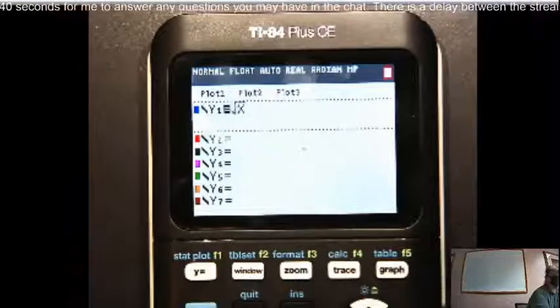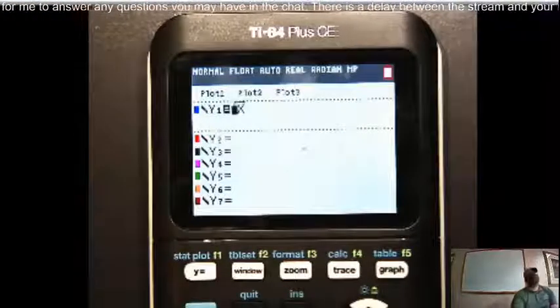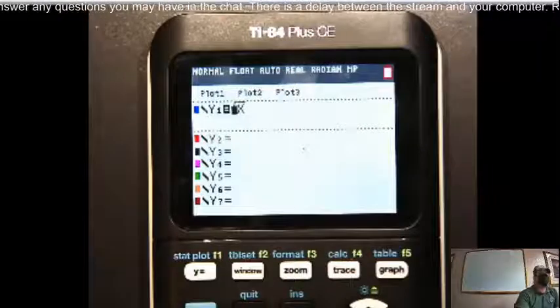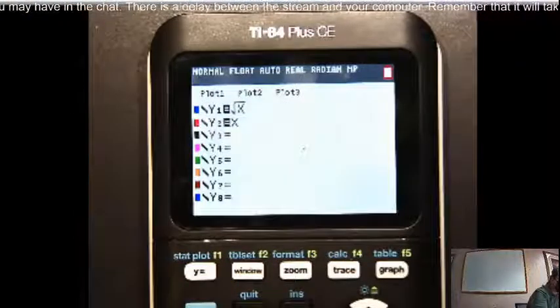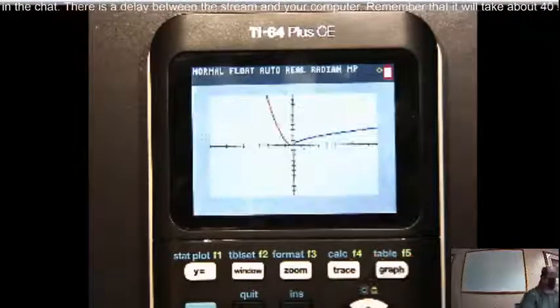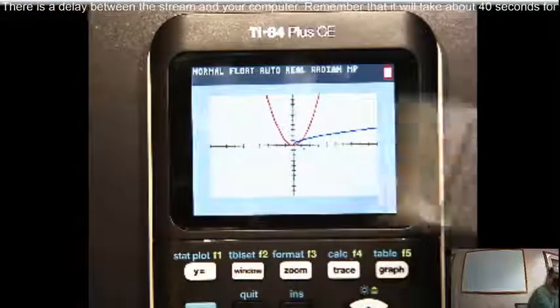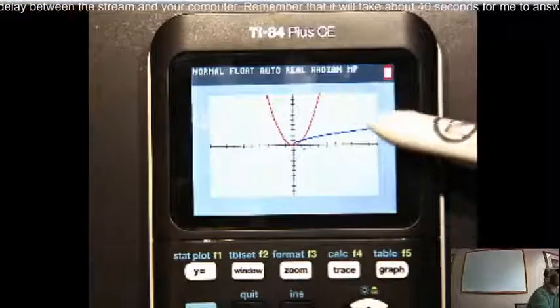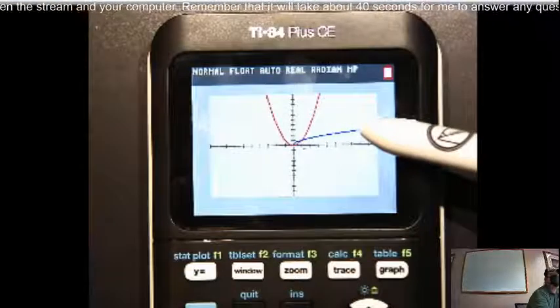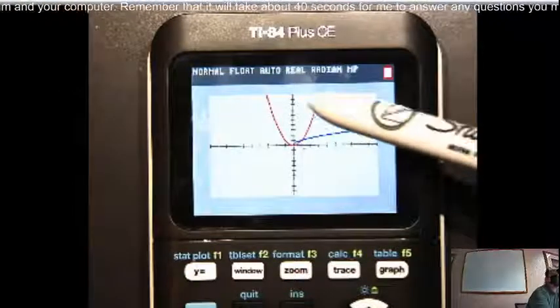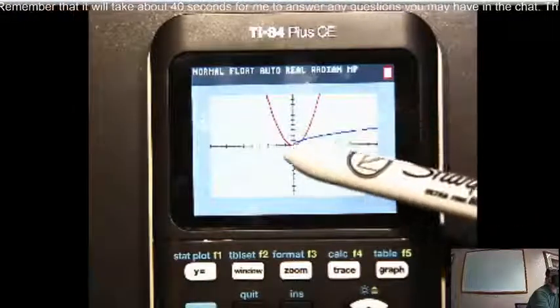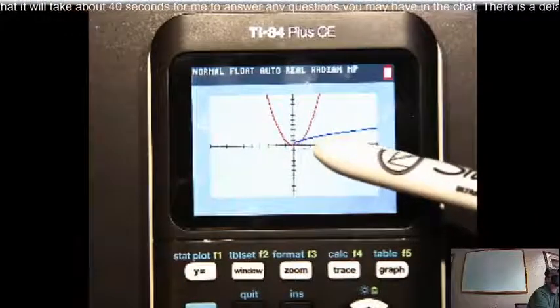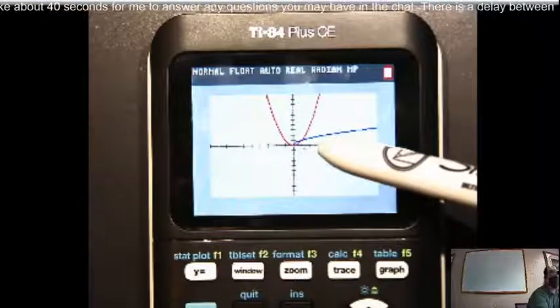Okay? So that's why, if I compare this to x squared, this might be our original function, this might be our inverse function. But just because an inverse takes something and flips the x and y values doesn't mean that those new x and y values are going to be valid.